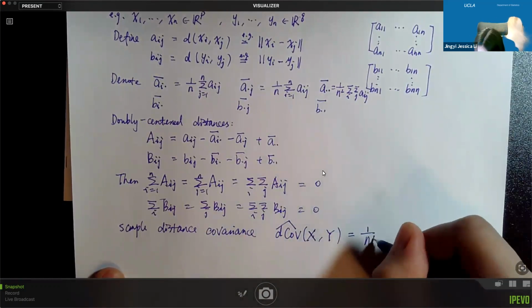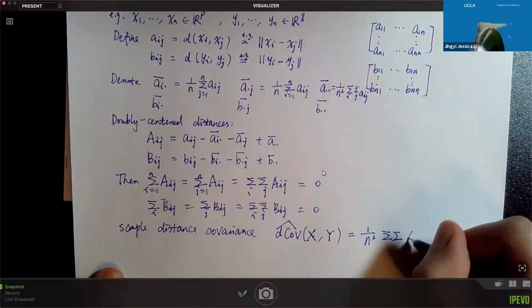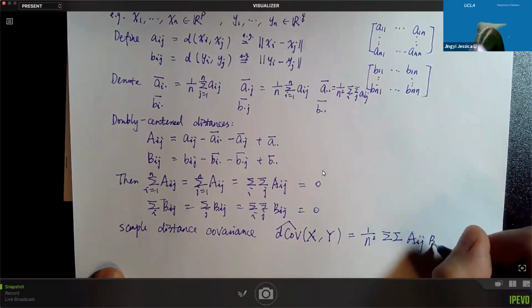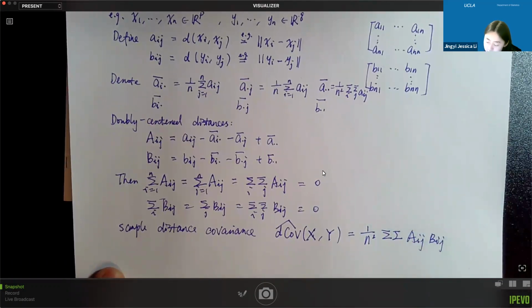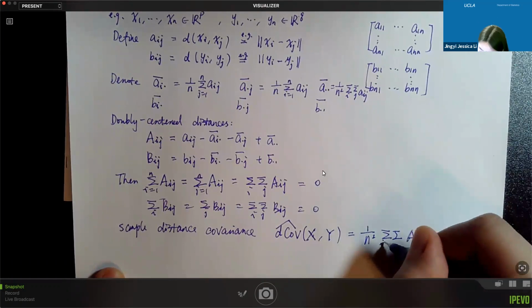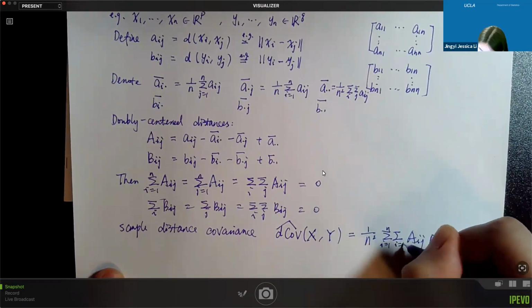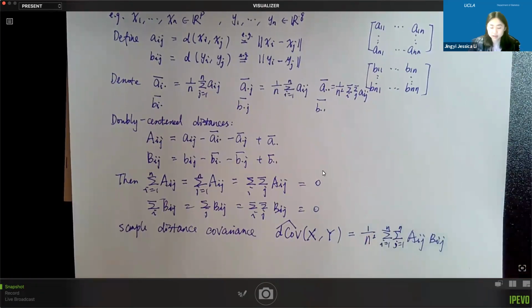It's just the average of aij times bij. So we do the product of the centered distances and we take the average for all pairs. That's the sample distance covariance.